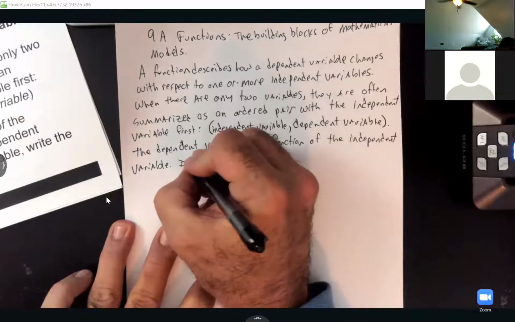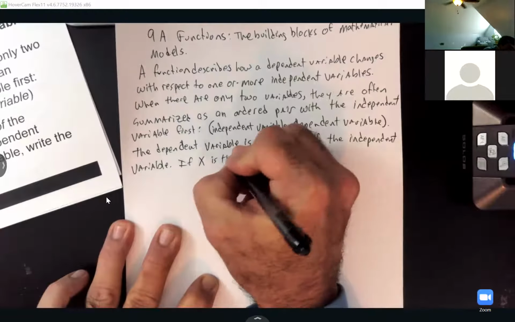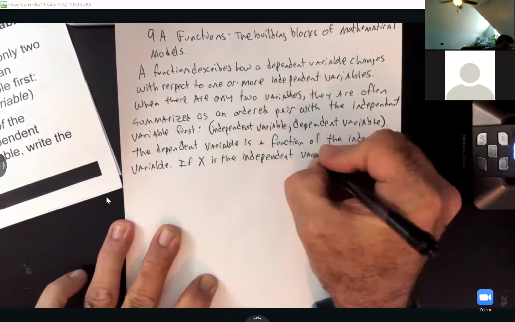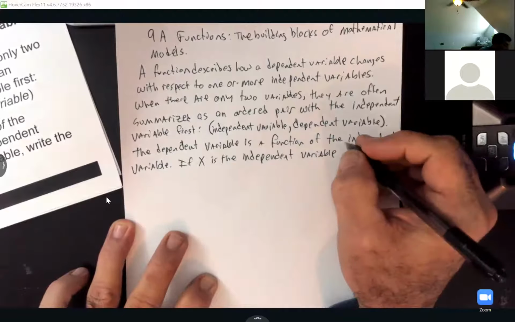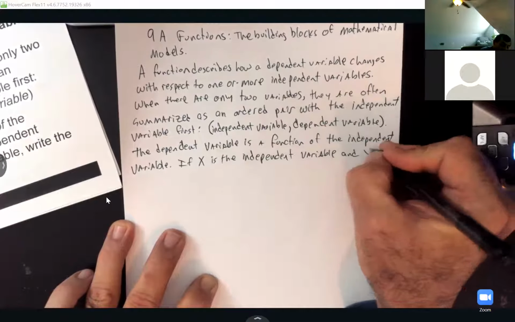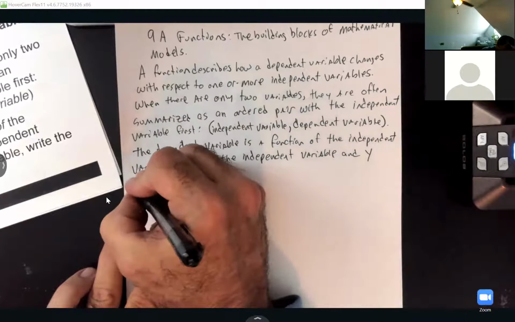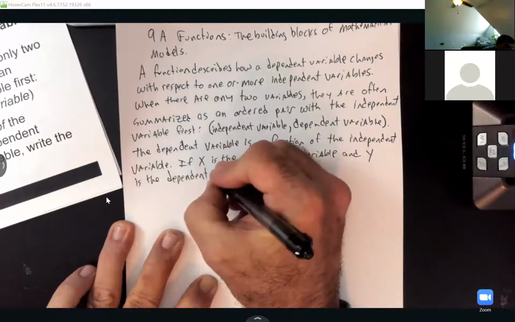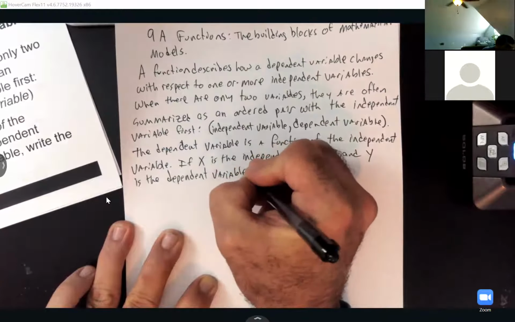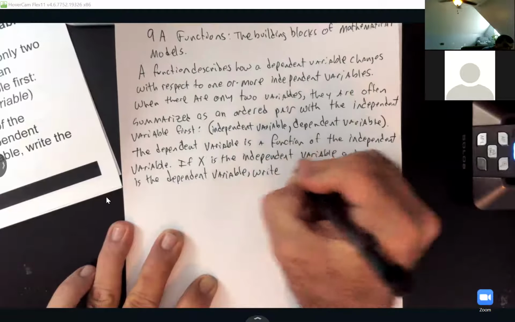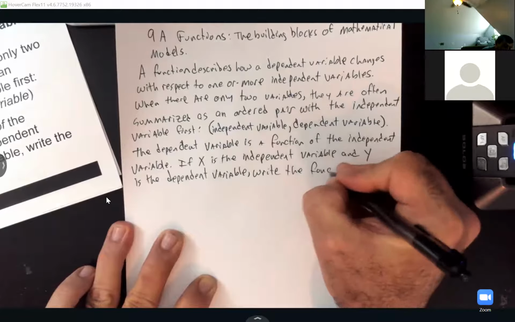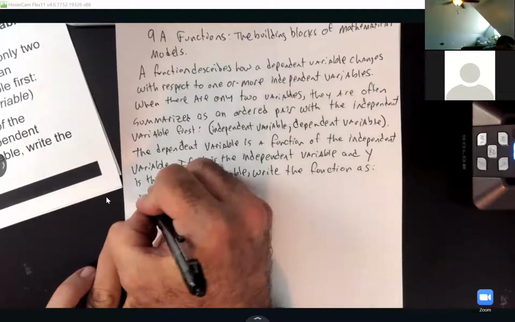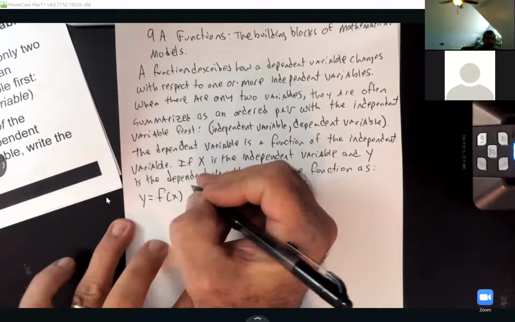So if X is the independent variable, and Y is the dependent variable, write the function as y equals f of x.